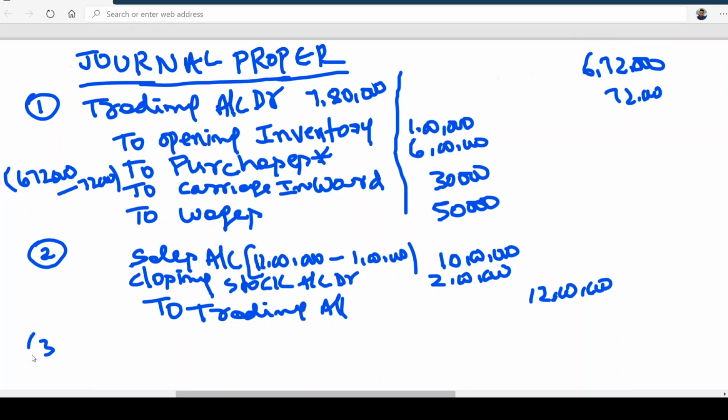Now I am also writing the entry for purchase returns adjustment. What is the entry for purchase returns? Purchase account is showing a debit balance. For closing the purchase account, you have written that.